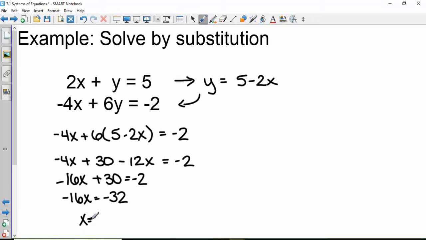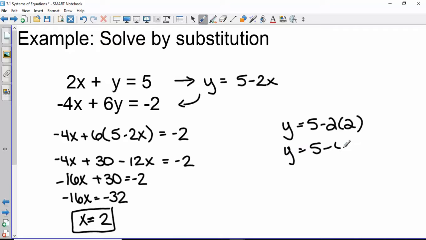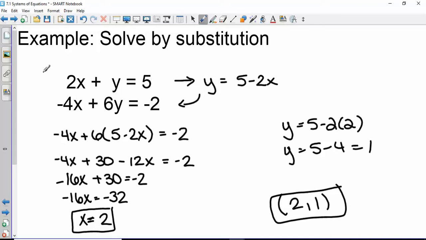Divide by negative 16. And get positive 2. So then plug that back in. y is 5 minus 2 times 2. 5 minus 4 is 1. So my final answer (x, y) would be (2, 1).